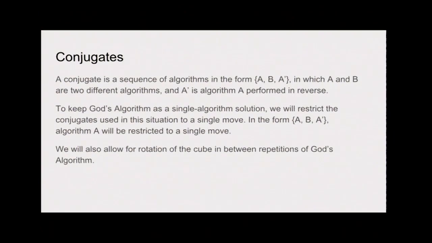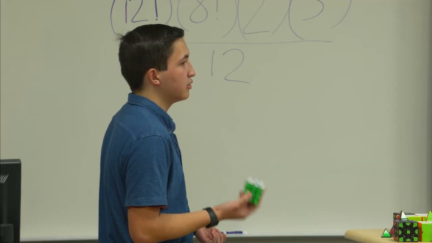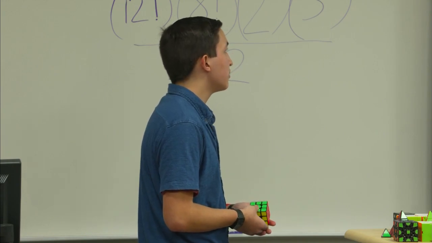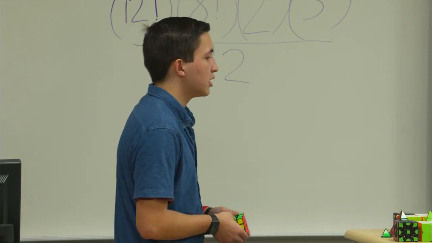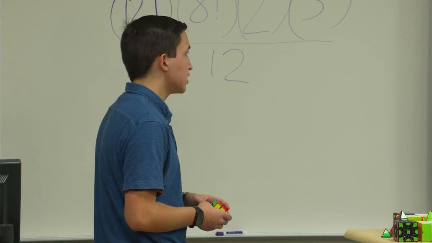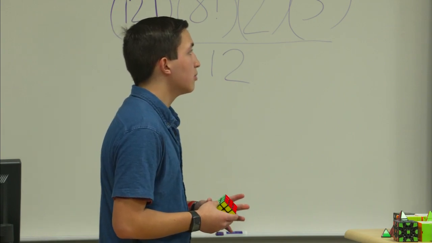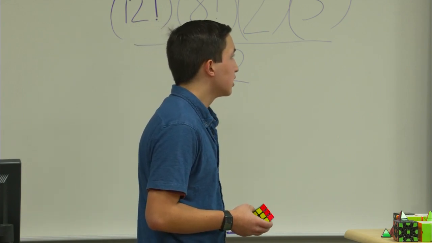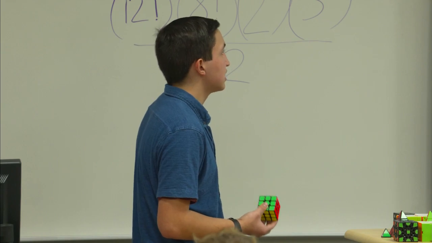So basically we're saying you can do a setup move and then do God's algorithm, and then you can undo the setup move. This is a really useful tool when making your own algorithms to solve different puzzles. It will allow us to use a really short algorithm and show a massive amount of permutations by using these setup moves.